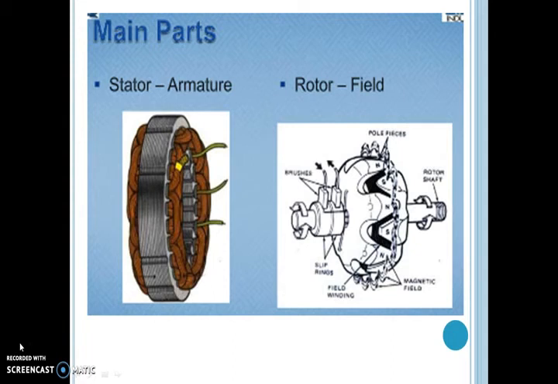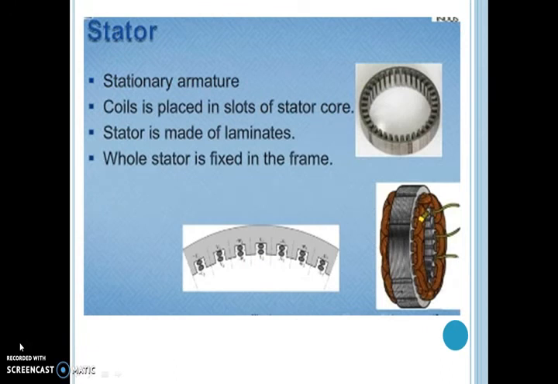In DC generator, the stator is the field magnet and the rotor is the armature winding. But in the AC generator, the stator is the armature and the rotor is the field. The stationary armature is placed in slots of the stator core, the stator is made of laminations, and the whole stator is fixed in the stator frame.